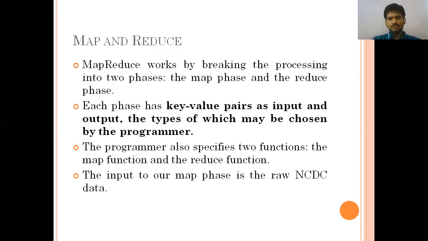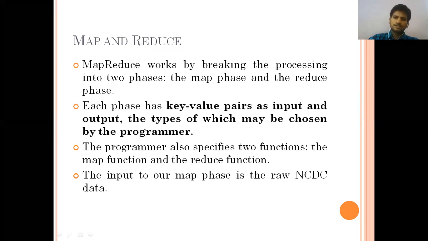In the map phase, the data is going to be taken as raw data. What is the meaning of raw data? The raw data may be structured, semi-structured or unstructured.